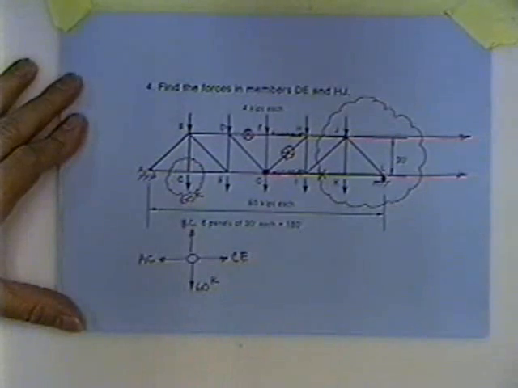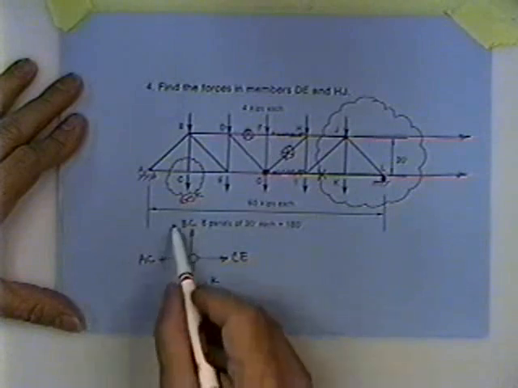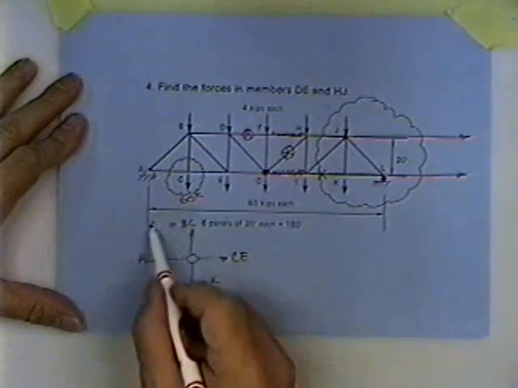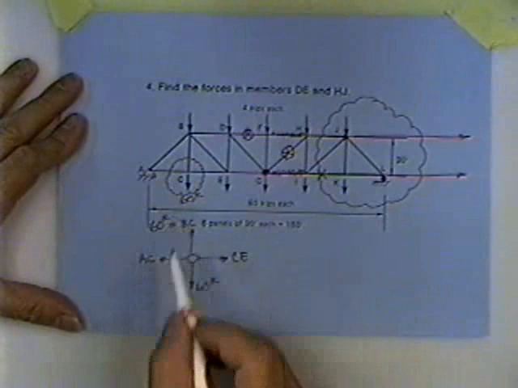Sum of the forces horizontal won't get you an answer. There's too many unknowns. But sum forces vertical tells you immediately. BC 60 kips.